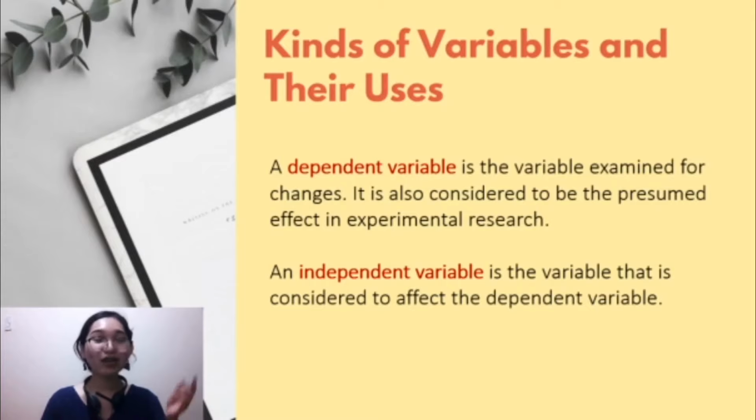So, meron tayong cause and effect dito. An independent variable, on the other hand, is the variable that is considered to affect the dependent variable. Okay, ulitin ko lang. Meron tayong cause and effect. So, dependent variable, siya yung naaapektuhan. Siya yung nagbabago, depende sa ginawa ni independent variable.